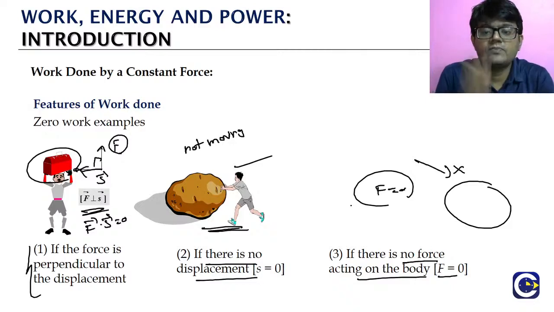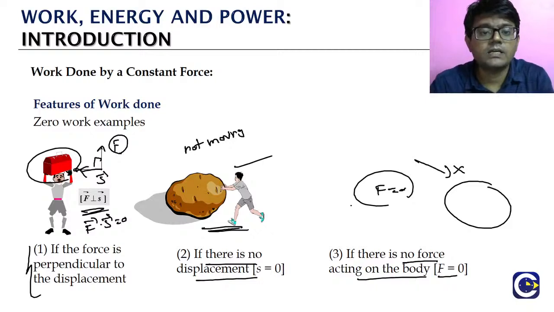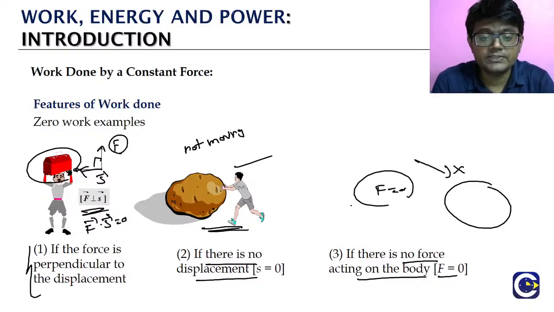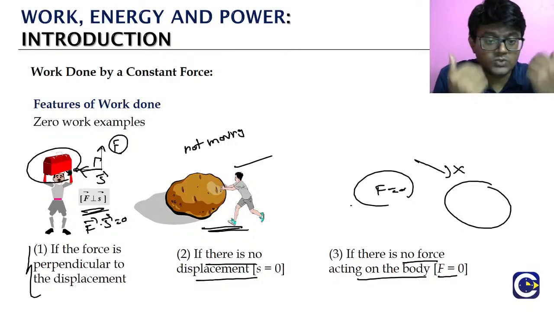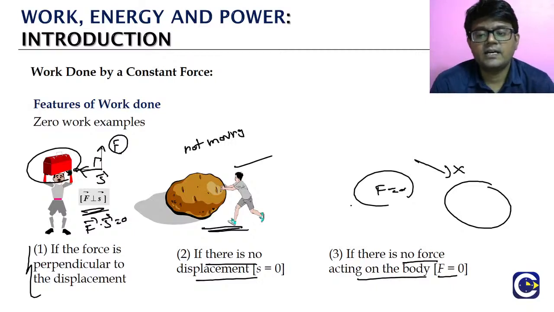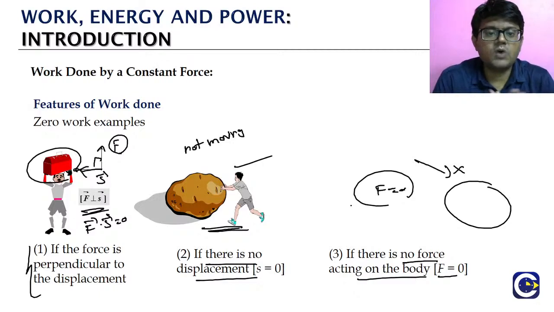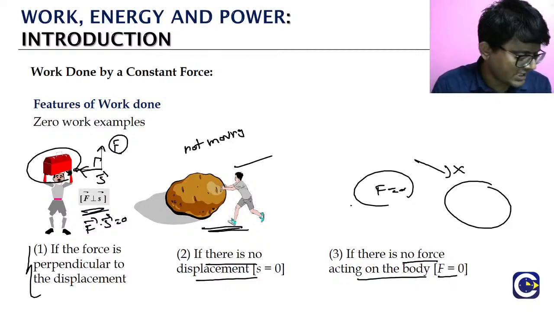So what are the conditions where the work can be 0? You can have 0 work when the force and the displacement are in perpendicular directions. You can have 0 work when we are applying a force but there is no displacement. And if there is no force at all, then definitely the work will be 0. So these are the characteristics of the work done.